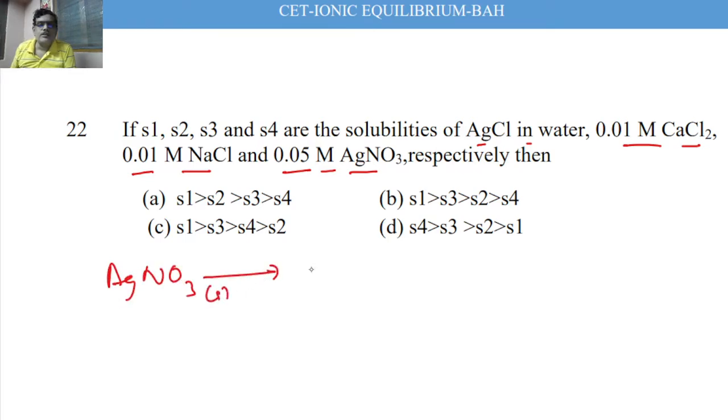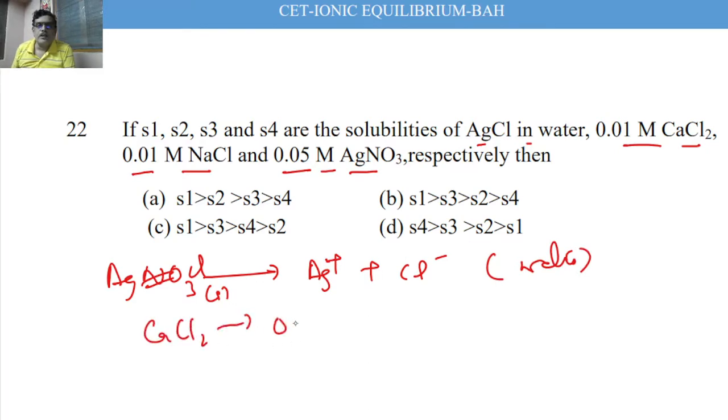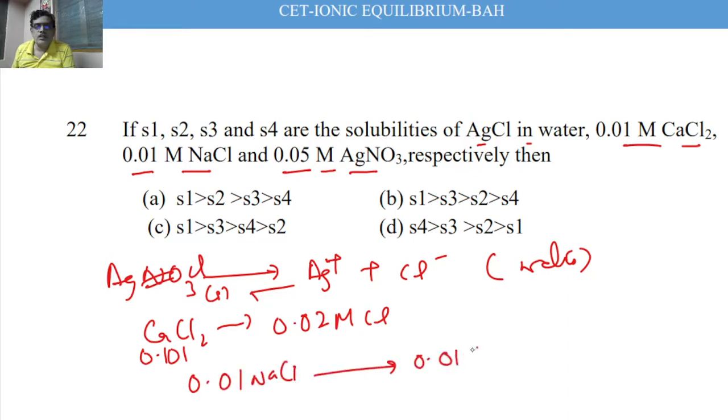AgCl produces Ag+ and Cl- in water. Now 0.01 molar calcium chloride will produce 0.02 molar Cl-. Therefore the equilibrium will be shifted backwards. Whereas 0.01 molar NaCl produces 0.01 molar Cl-.